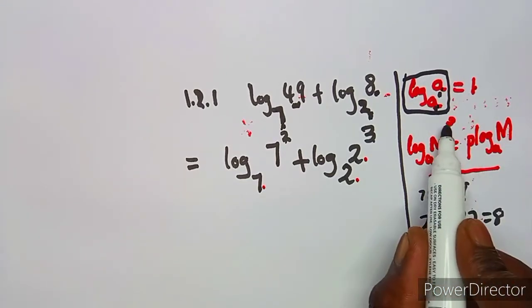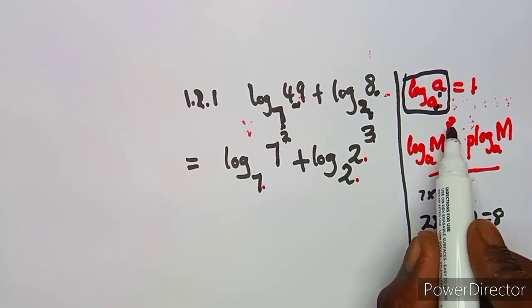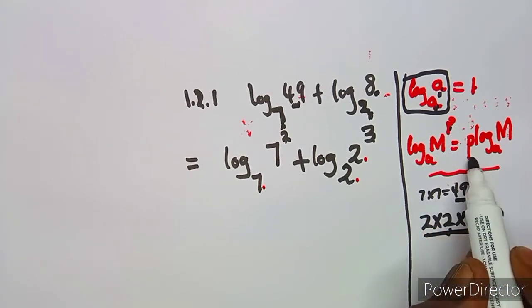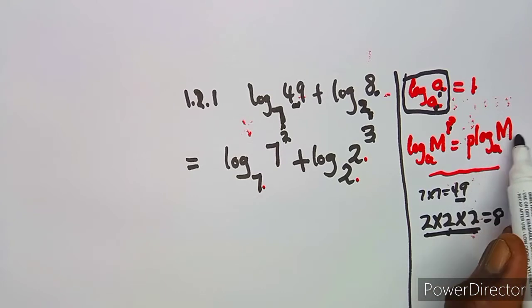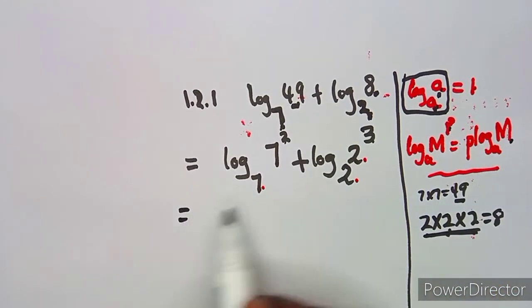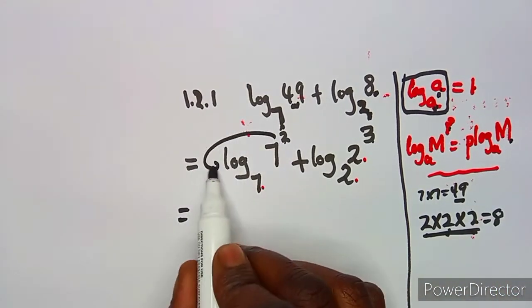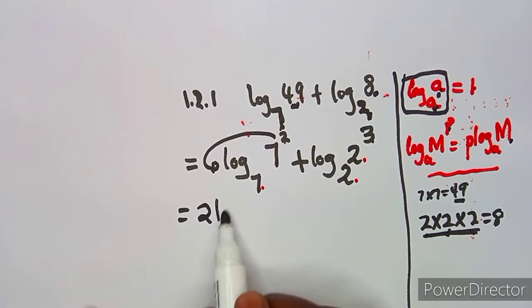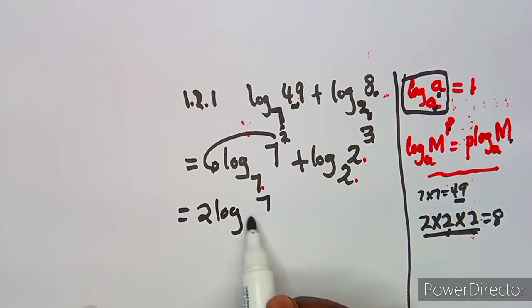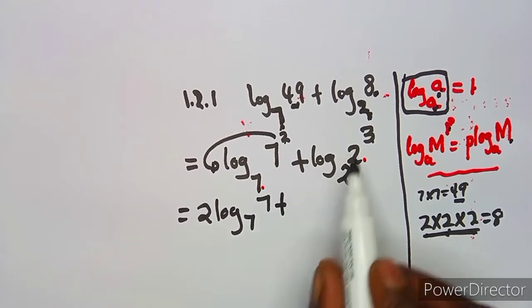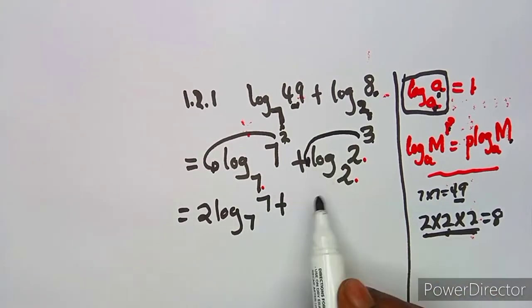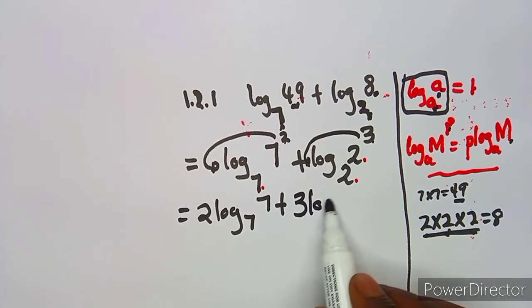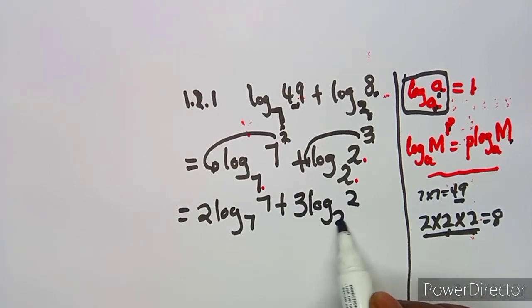So you're supposed to drop the exponent because of this law: when there is an exponent, you multiply the exponent to the log. So you're going to have 2 log 7 base 7 plus, we drop this number 3, so it's going to be 3 log 2 in base 2, like this.